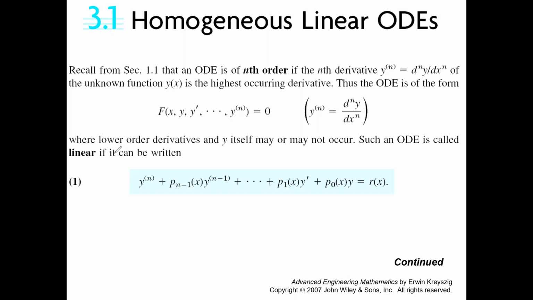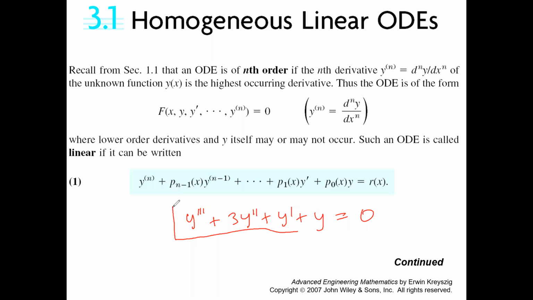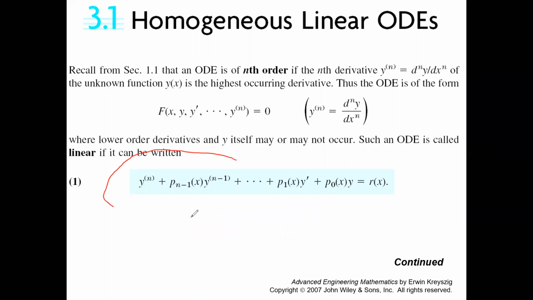If you have, for example, the simplest one with constant coefficient, y triple accent plus, let's say, 3y double accent plus y accent plus y, for example, equal to 0. This will be the simplest one of the higher order, because in our case you have third order and a constant coefficient, and a 0 means it's homogeneous. So that's the simplest one. But the general form is this.